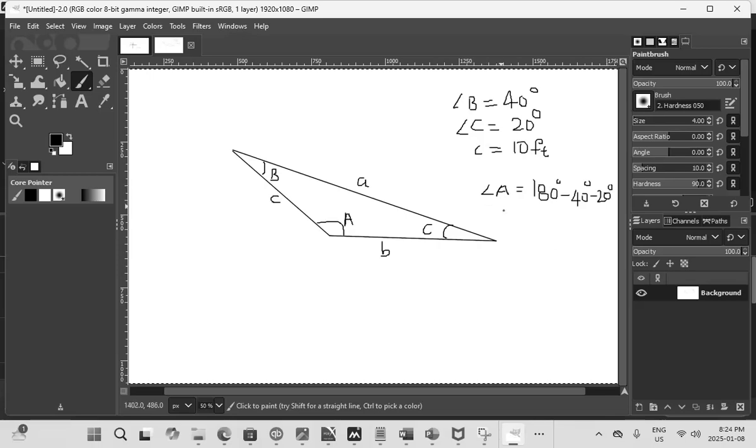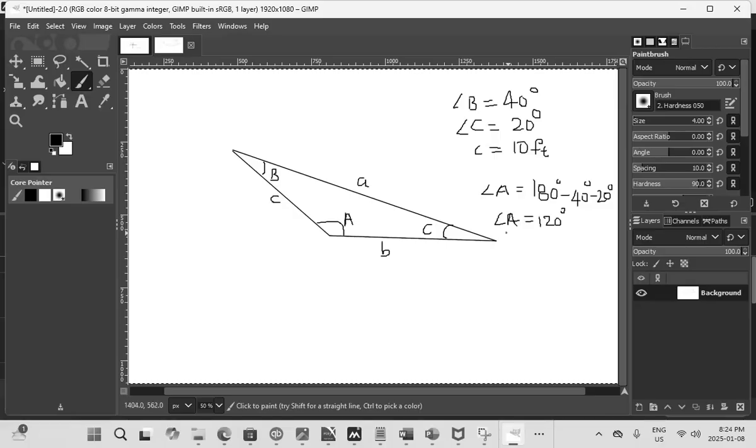Angle A will be 180 take away 60, so angle A will be 120 degrees. Notice it is more than 90 degrees and less than 180, hence an obtuse angle triangle, or an oblique triangle.